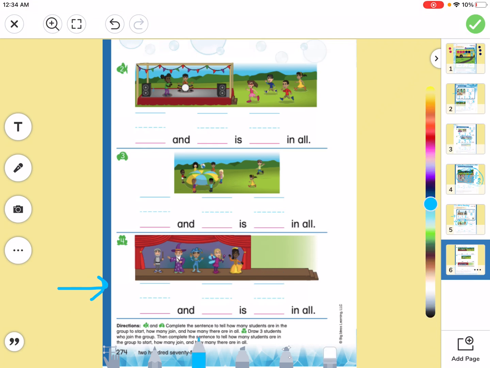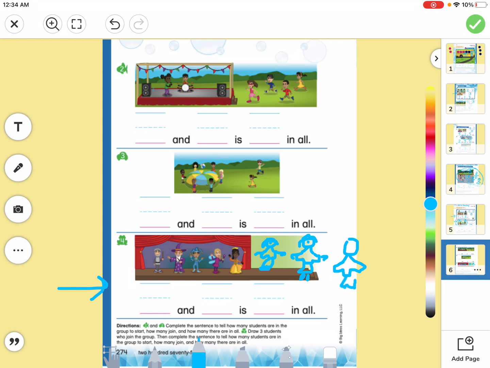I'm going to put them over here because you could probably write smaller than Mrs. Hensley because you're using a pencil, but I'm probably needing to use a pencil myself because it's kind of hard to do this with this thick marker. Okay? Okay, so we're drawing 3 students.